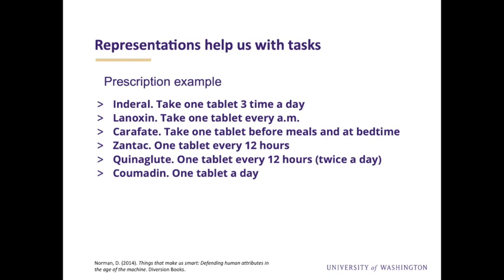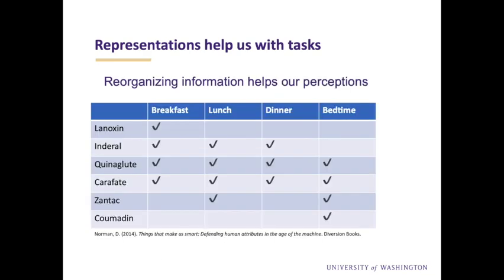Well, one way to take this information, the data given to you, is to represent it in something like a table. And by reorganizing this information into something where, let's say, instead of by hours, we focus on 4 particular time points: breakfast, lunch, dinner, and bedtime. Now what we can do is reorganize this information so that we can understand when we're supposed to take particular drugs.